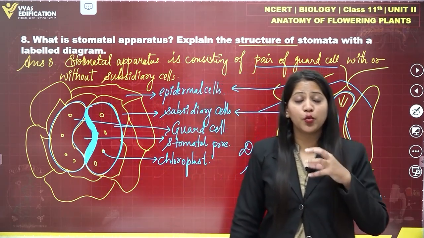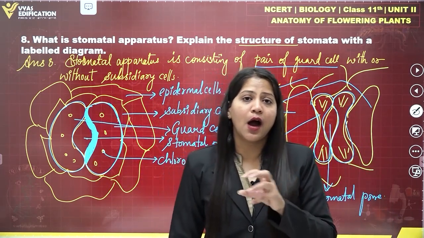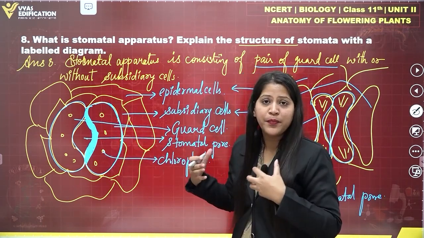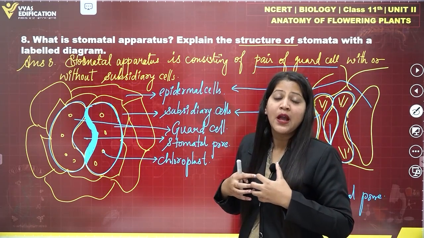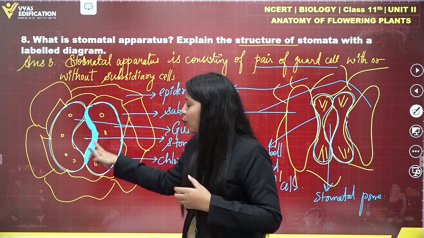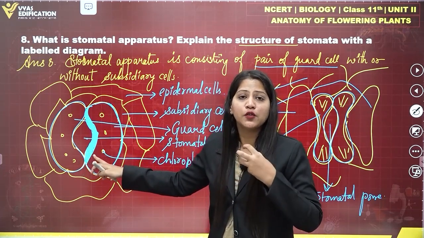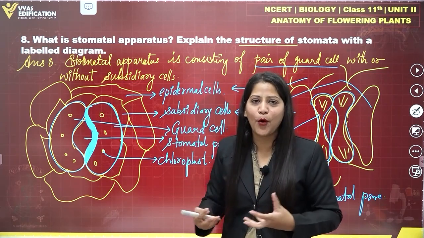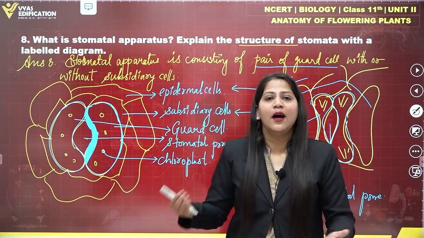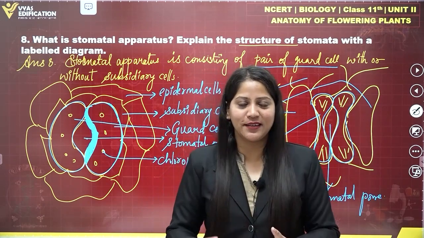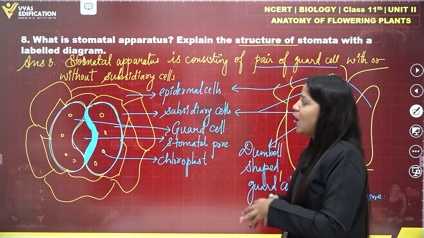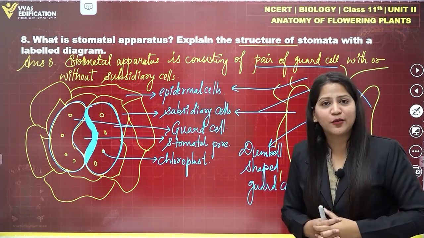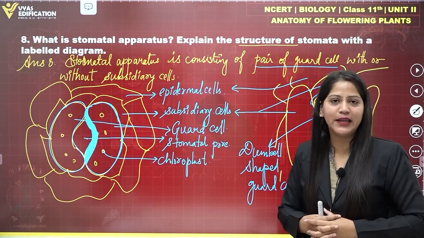So what happens during endosmosis in the guard cell: the thin walled layer expands and moves outwardly. As a result, the thick wall of the guard cell also moves outwardly and creates a pore in between. This is how the stomatal pore is created. This is the structure, and the explanation of the structure we have already discussed.